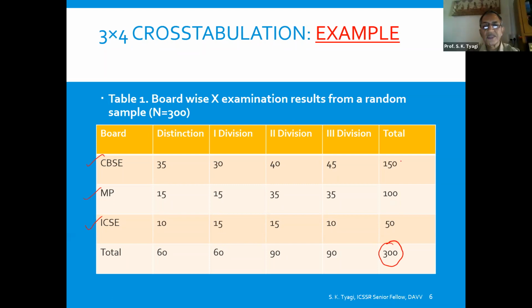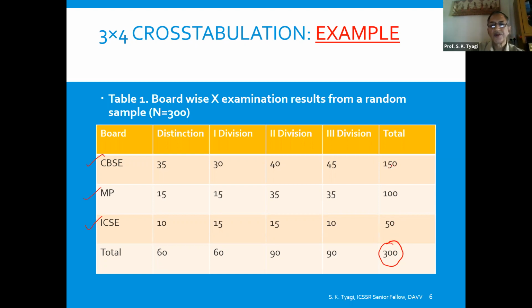CBSE students are half of the total sample. MP board students are 1/3 of the total sample, and ICSE board students are 1/6 of the total sample. They need not be equal, all these three boards' students. So there are 150 students in all who belong to the CBSE board.